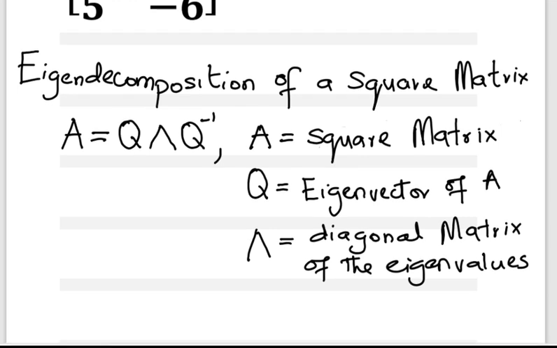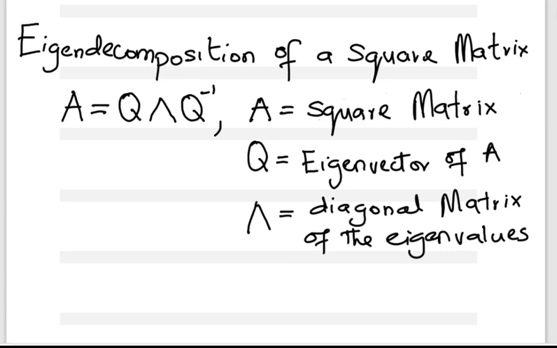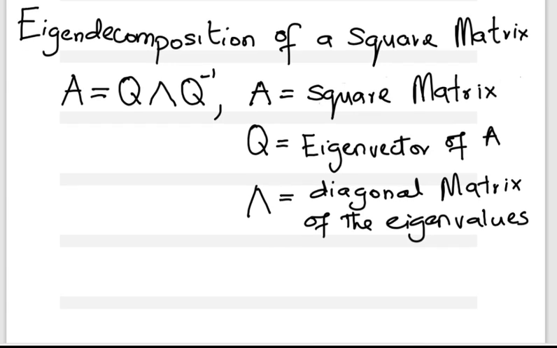So A here is our square matrix, Q is the eigenvector matrix of A, and lambda is the diagonal matrix of the eigenvalues. Before we go ahead with this decomposition, let's do one little exercise.